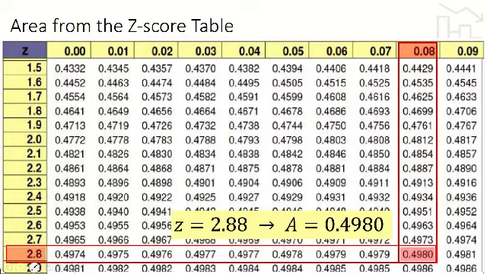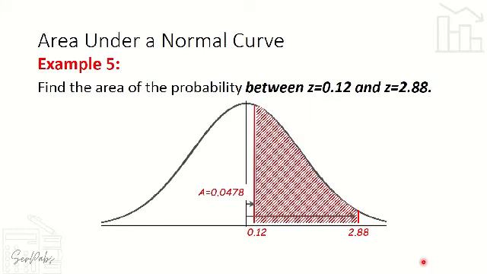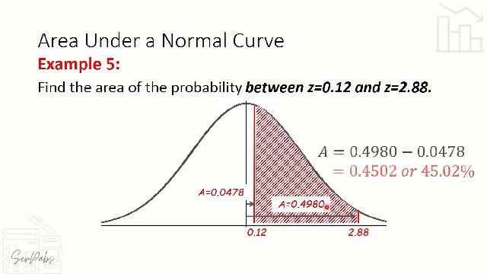So, ang area niya ay intersection ng 2.8 saka ng 0.08. So, we have 0.4980. Then, i-label din natin dito sa ating graph. So, we have 0.4980. So, again, para makuha natin yung probability, i-minus natin yung probability ng 0.12 sa probability ng 2.88.